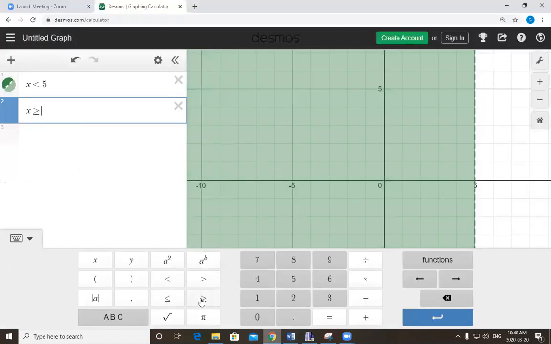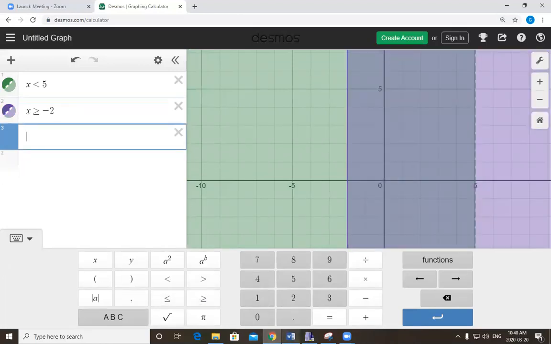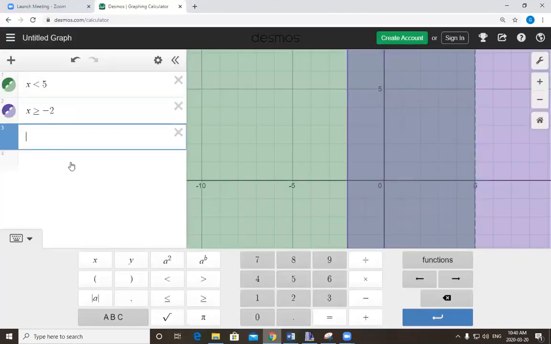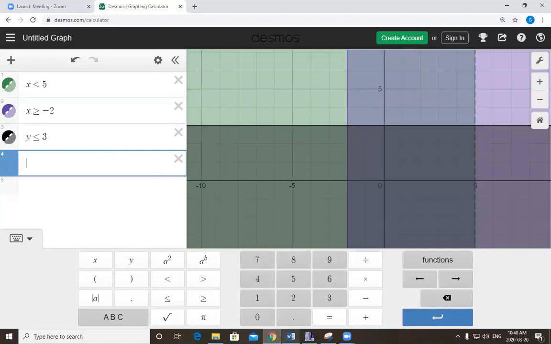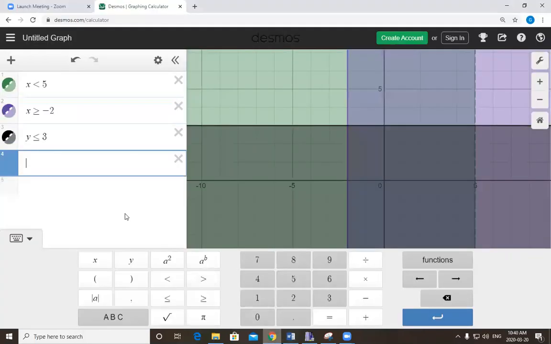On the third row goes our third inequality, y less than or equal to 3. And on our fourth row, our last inequality, y greater than or equal to -1.